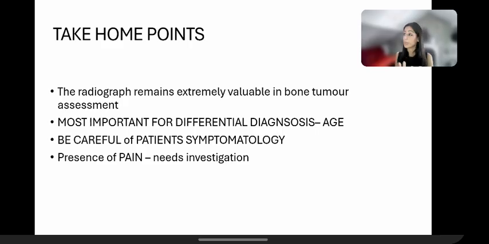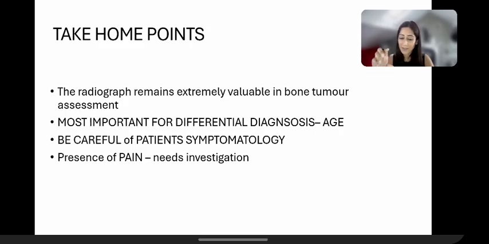So take home point, that was the last slide. Take home points is, if anything, you just need to remember these four things. If you forget everything else I showed, your radiograph is the most valuable for assessment of a bone tumor. Your age is the single most important determinant to reach a list of differential diagnoses. It's not your job to give the diagnosis, right? That's the job of the pathologist.